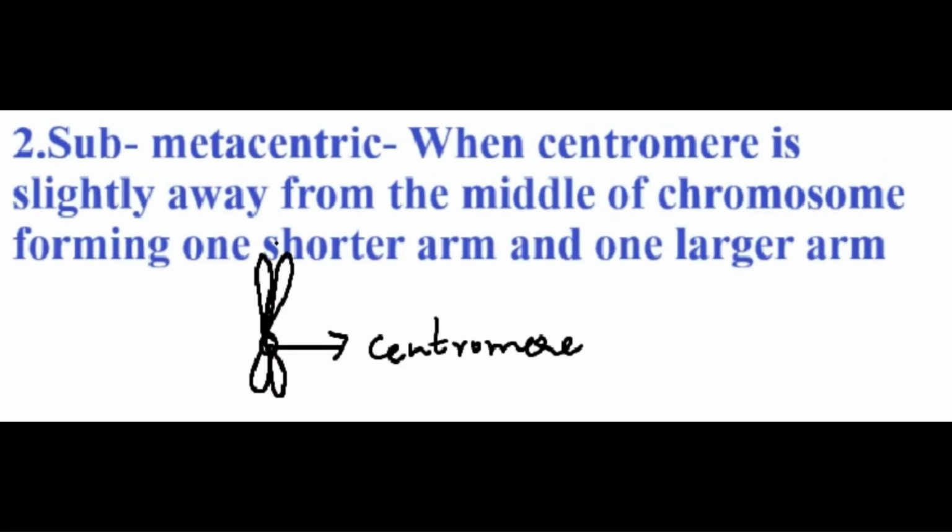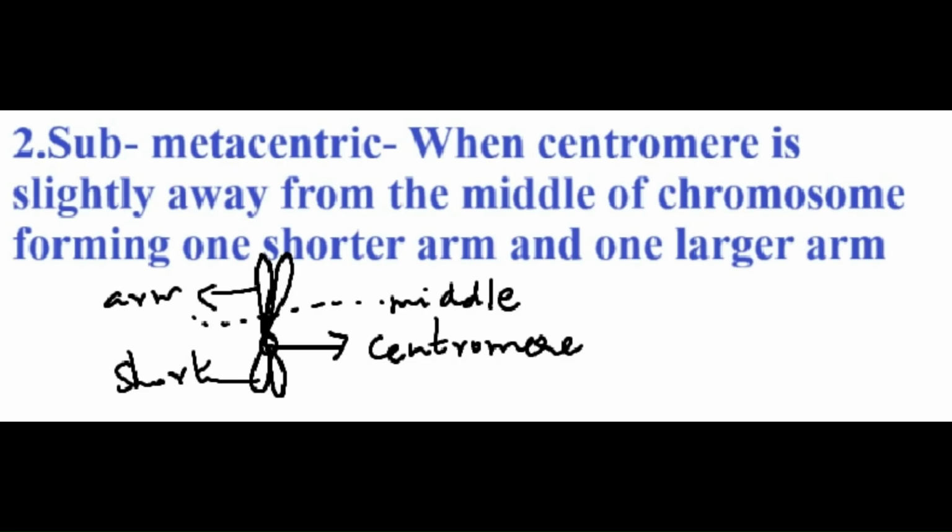When the centromere is slightly away from the middle of the chromosome, so that there is a shorter arm and one large arm, such chromosomes are called submetacentric.